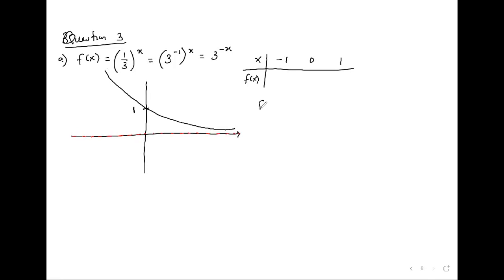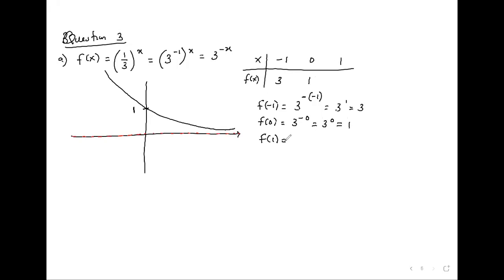So you have f of -1 to be 3 to the power -1, which is 3 power 1, which is 3. So you substitute 3 here. You do f of 0, that is 3 power -0, which is 3 power 0, which is 1. So you put 1 there.